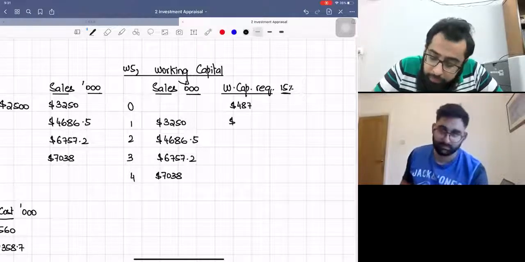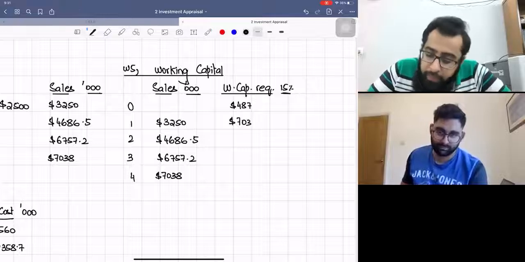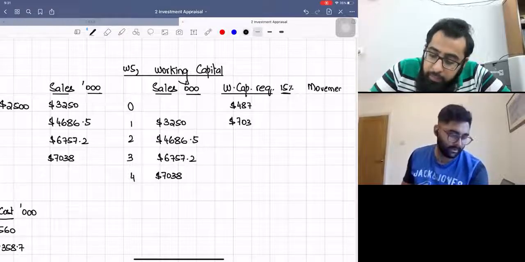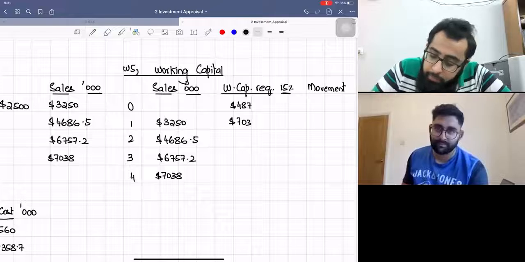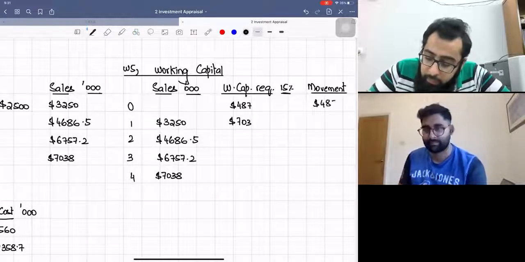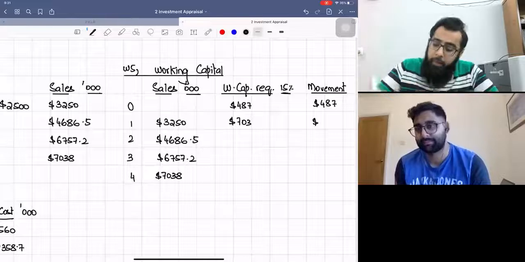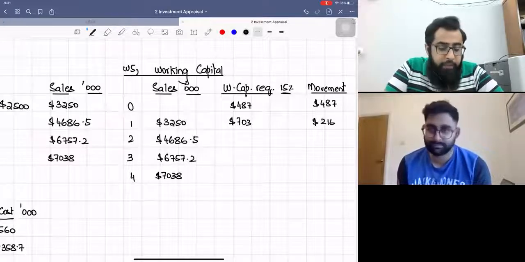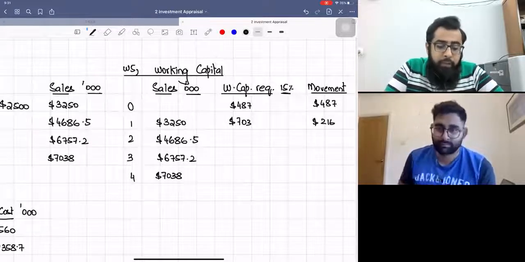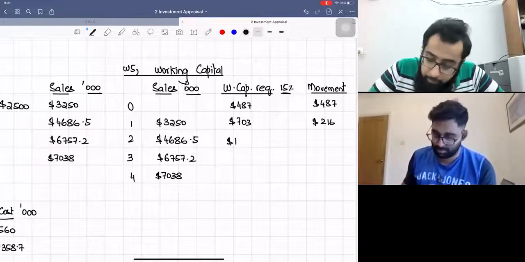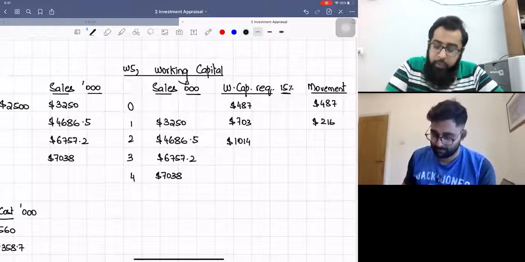Now listen to it very carefully. If I make an incremental movement, 702 minus 487, here I need just 216. Then 6757 into 0.15 is 1013, or I would say 1014.